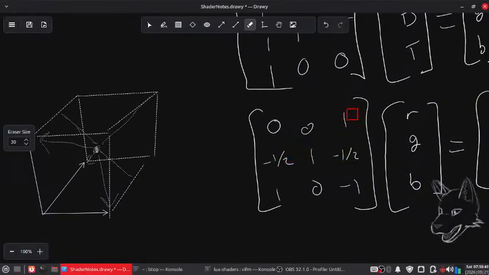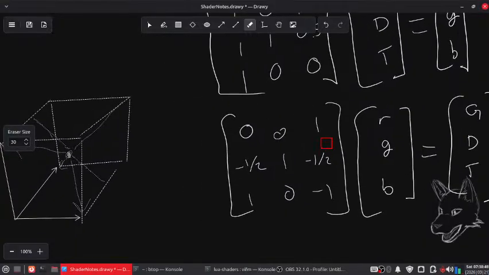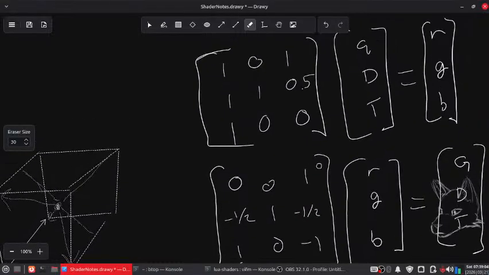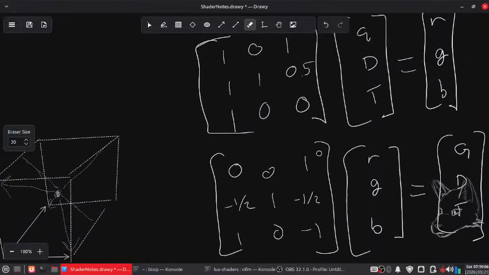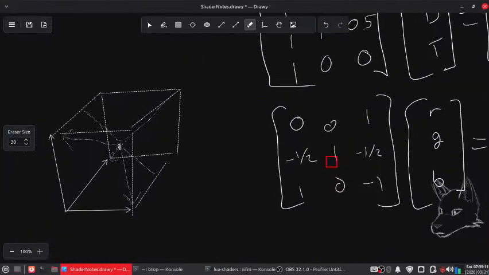It should be the same here. How is it 1? 1 minus half minus 1. Interesting. Yeah, I don't know. There's just some weirdness because blue is still negative.